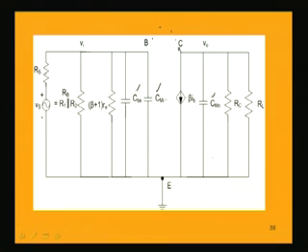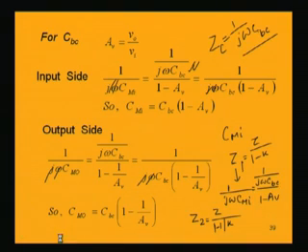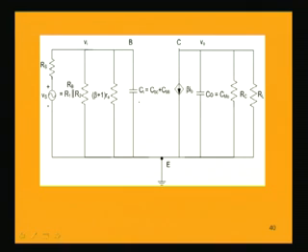So, CBE and CMI can be combined by summing up and written as a single capacitance Ci, which is the input capacitance, and the output capacitance is CMO. So, now this is a simplified, very easy circuit to analyze or handle.